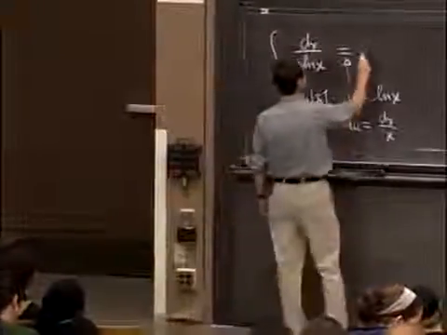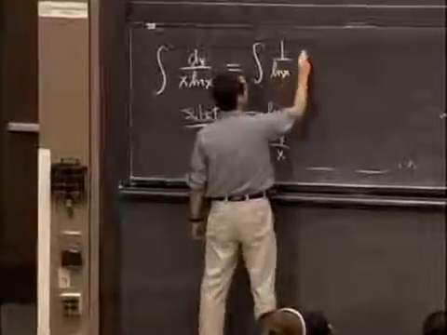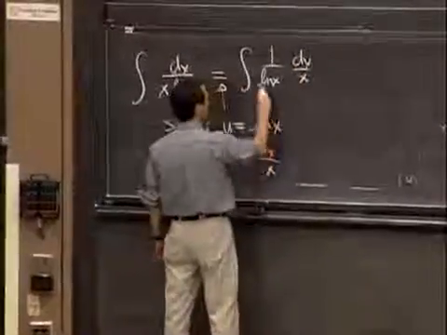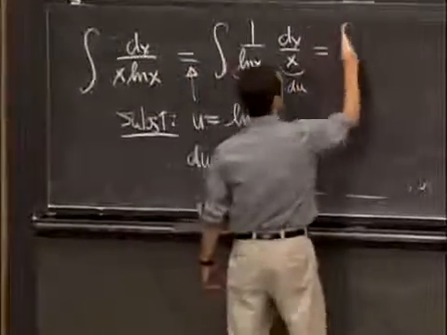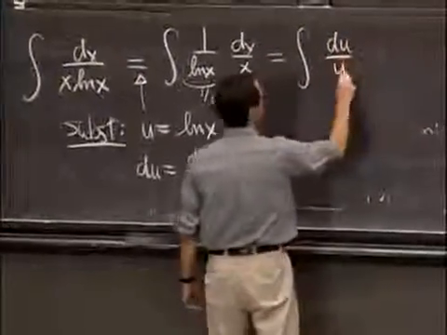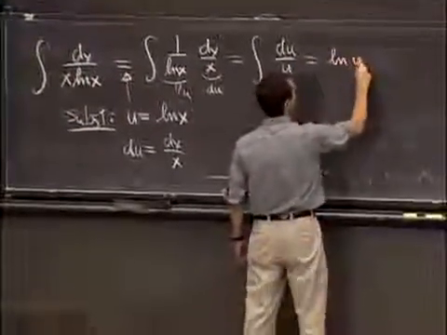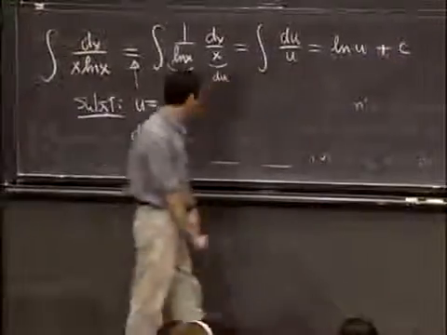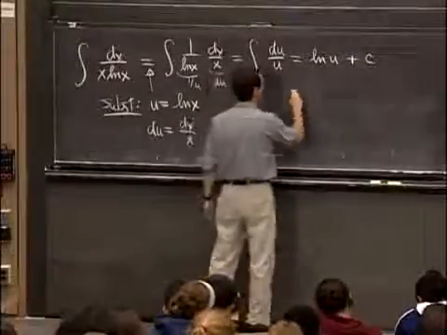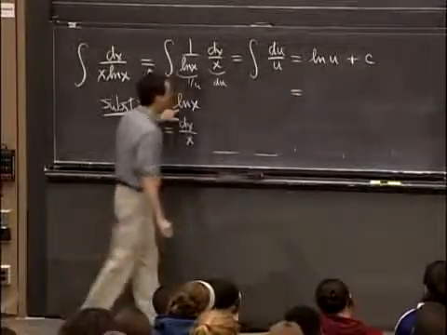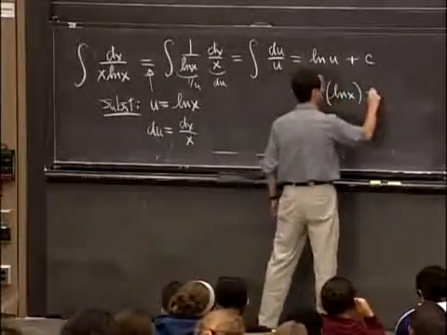And what we get is the integral of, so I'll divide the two parts here. It's 1 over log x, and then it's dx over x. And this part is 1 over u, and this part is du. So it's the integral of du divided by u. And that is log u plus c. Which altogether, if I put back in what u is, log log x plus c.